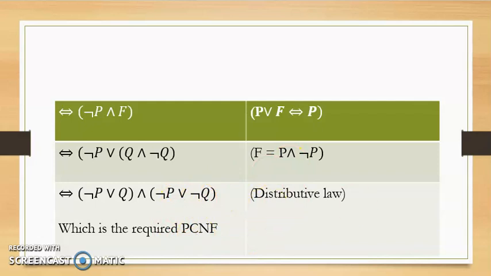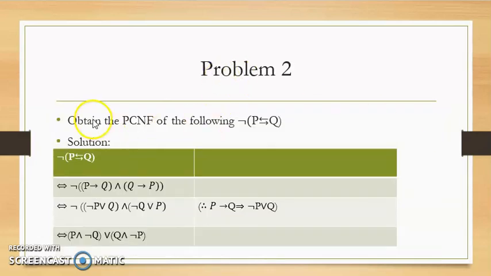Second, we move on to obtain the PCNF of the following: not of P biconditional Q. First of all we have to apply the biconditional formula.